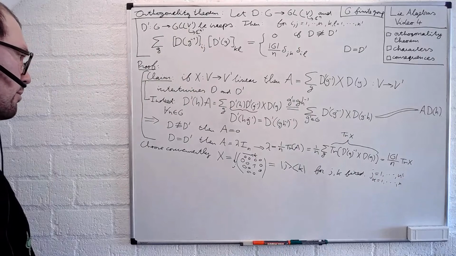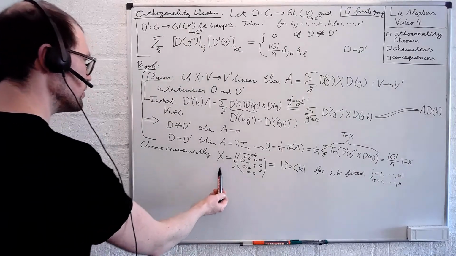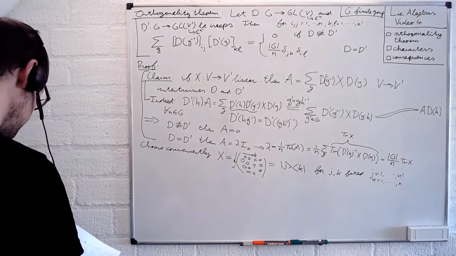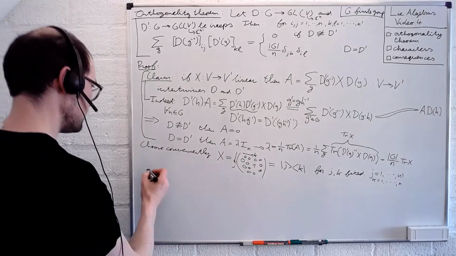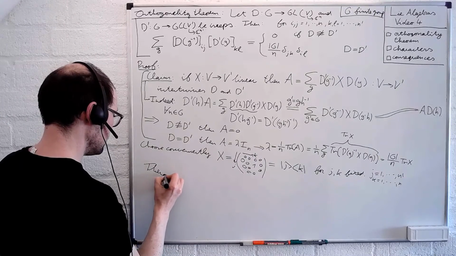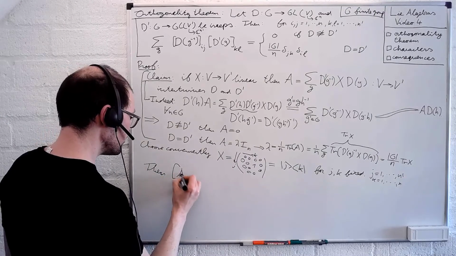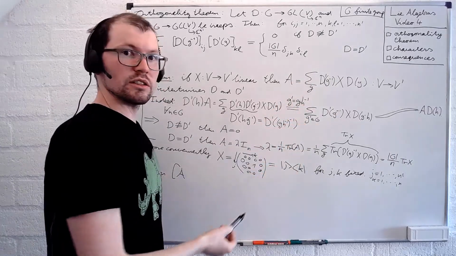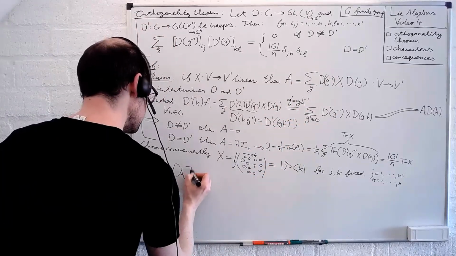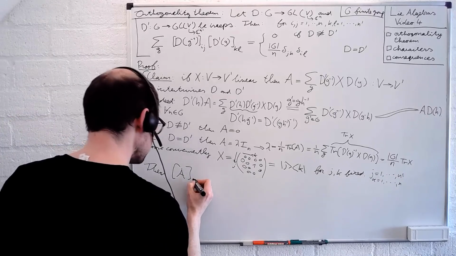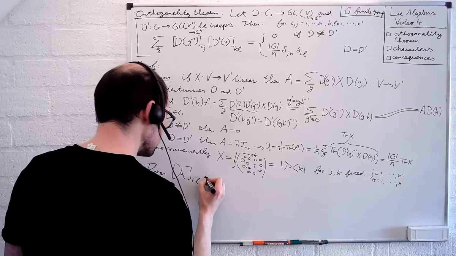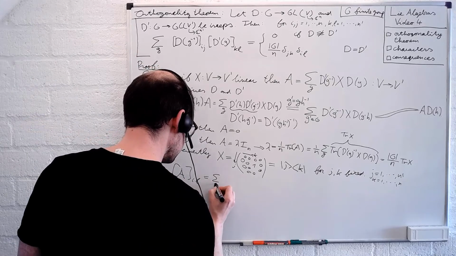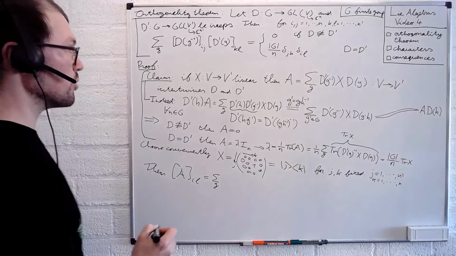Okay, so let's just determine what the consequence of Schur's lemma is when applied to this matrix X. In particular, what is the matrix element of this averaged version of X? So then A evaluated at matrix element I, L. So this is, if you like, sum over the group elements.